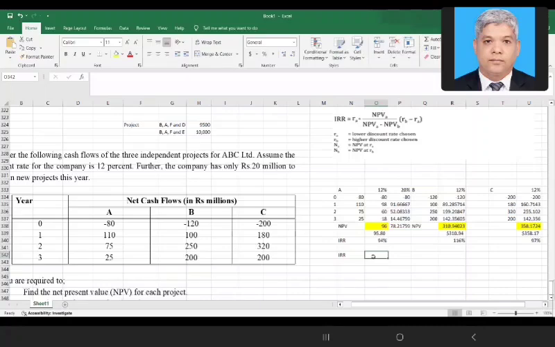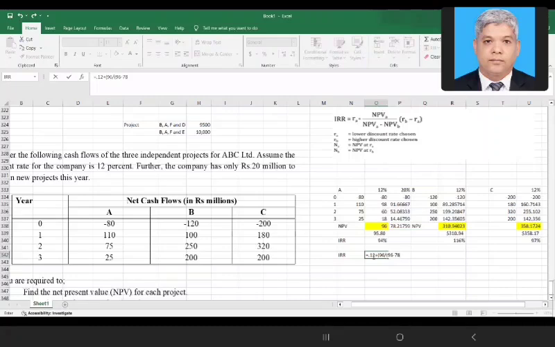Now look at the IRR. At the 12 percent, you can go with the 12 percent NPV value, which is 96, divided by 96 minus the second NPV value at the other rate, that's going to be 78.